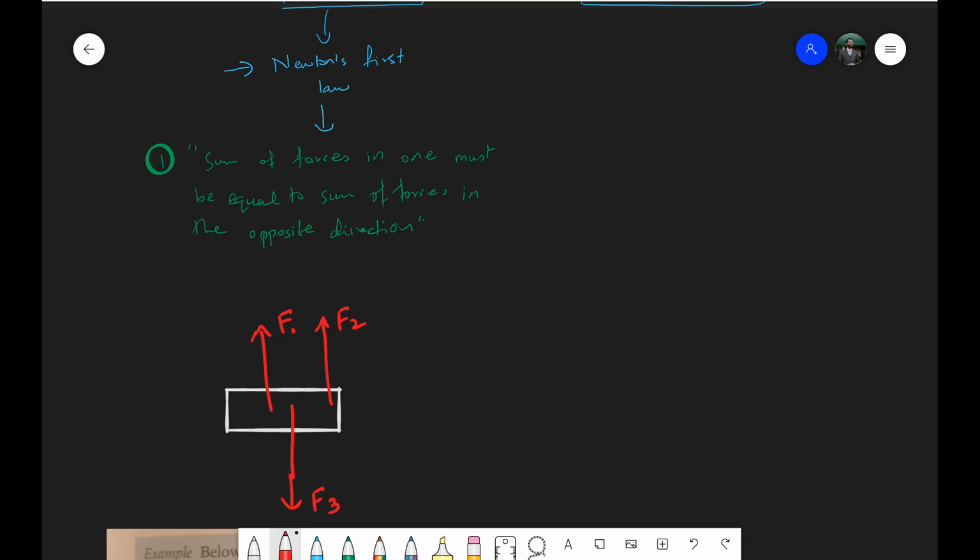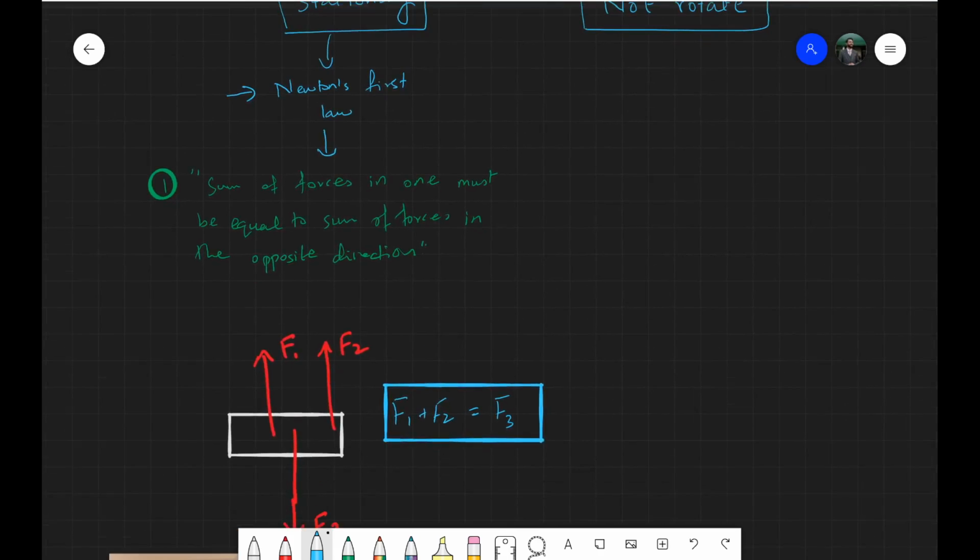If this object is to stay stationary and not move anywhere, then it must satisfy the above condition, which says that the sum of forces in one direction must be equal to the sum of forces in the opposite direction. For this situation, the upward forces, if you add them together, should be equal to the downward forces. So F1 plus F2 should be equal to F3. This condition must be fulfilled if the object is not to move.